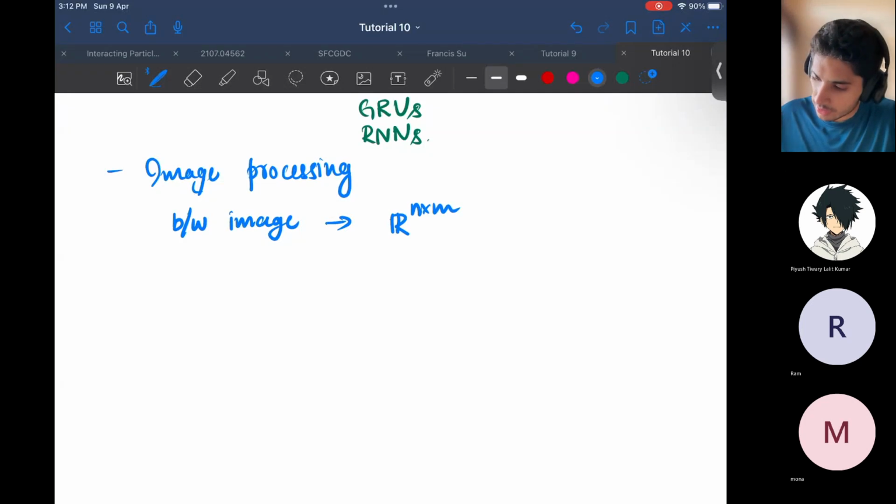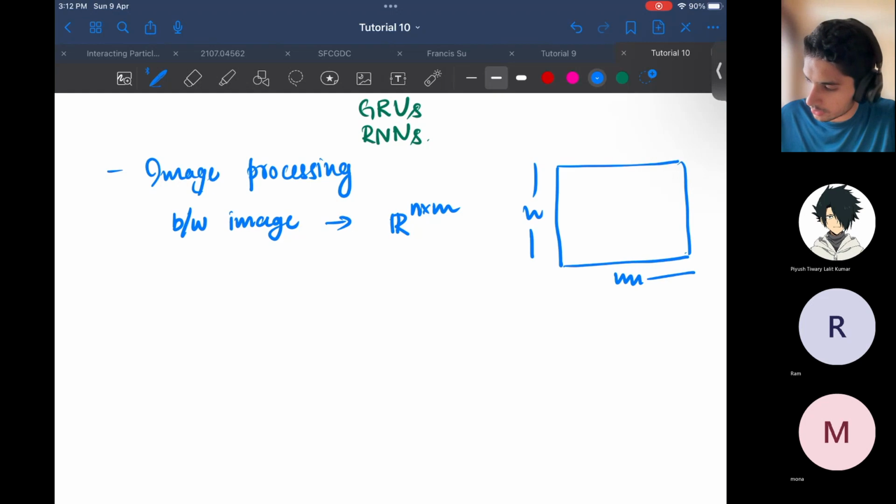What do we mean by that? We are saying that there are n rows, so its height is n, and it has m columns, so it has a width of m, and it is basically a matrix, and each element of this matrix is what we call a pixel, right?